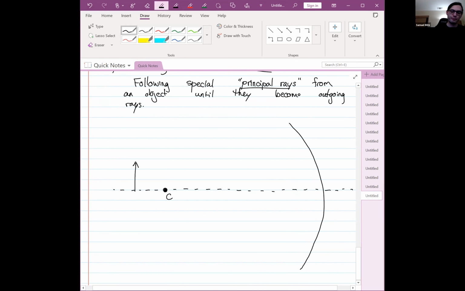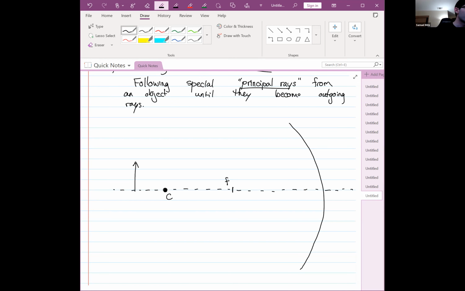And keep in mind that because the center is there, the focal point is halfway to the center. So this place here, roughly, that's F. It's our focal point. Okay, so there are 4 principal rays for a concave mirror, and there are 4 principal rays for any spherically curved mirror. We'll talk about convex mirrors in a minute.